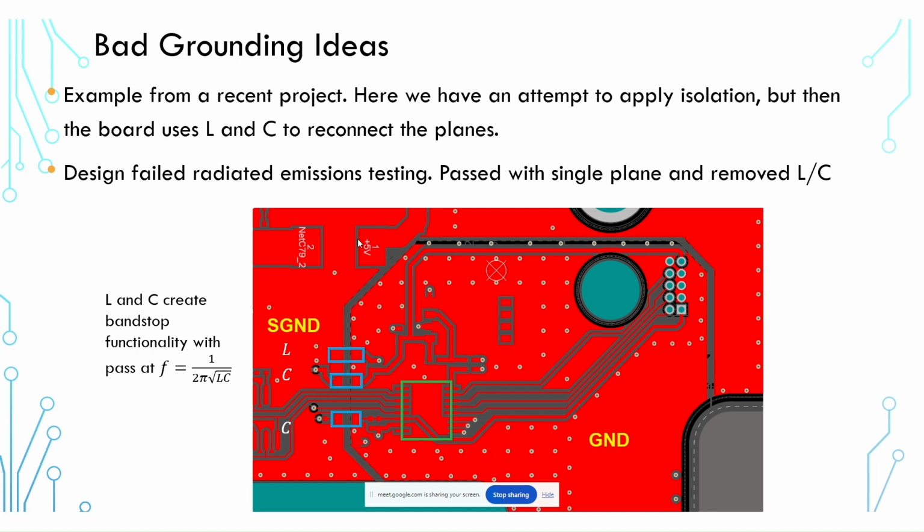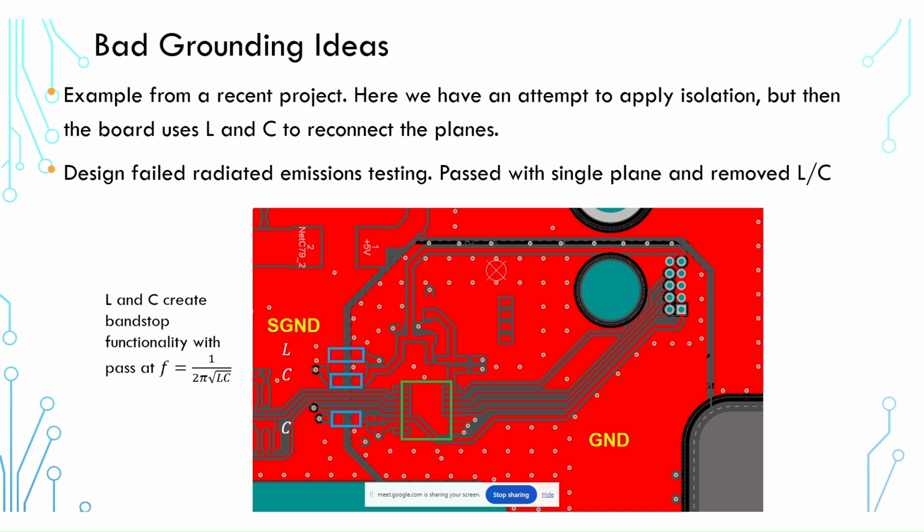That filter being used to connect these two sides of this PCB ended up creating a radiated emissions failure, because you basically have nowhere for this return current to travel from this side of the board over to this side of the board, and it created strong radiated emissions. In this instance, once we removed the inductor and the capacitors and replaced everything with a single plane, guess what? They passed radiated emissions testing.